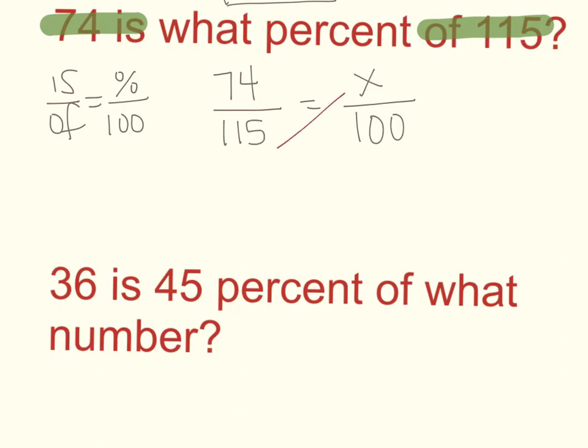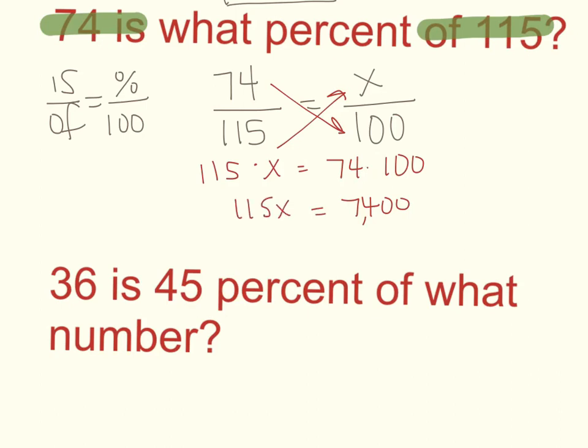Again, I can cross multiply and divide, so I'm going to end up with 115 times x equals 74 times 100. 74 times 100 is 7,400 is equal to 115 times x. Divide both sides by 115, and my x is going to give me 64 and 347 hundredths percent.